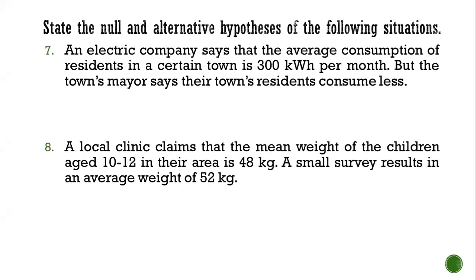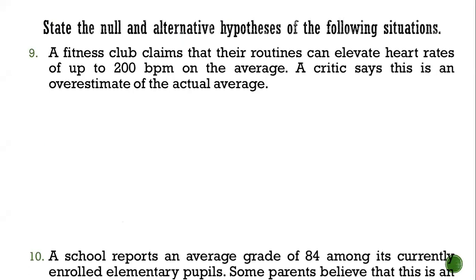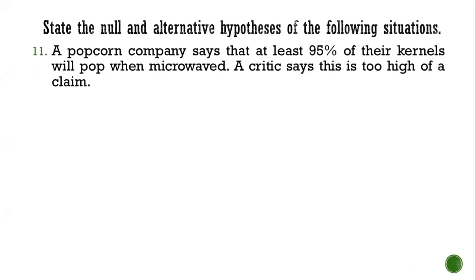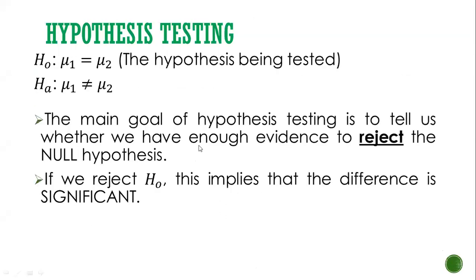So after knowing how to create your null and then your alternative hypothesis, we now further lecture some of the concepts towards your hypothesis testing. So simple recall from the discussion a while ago.